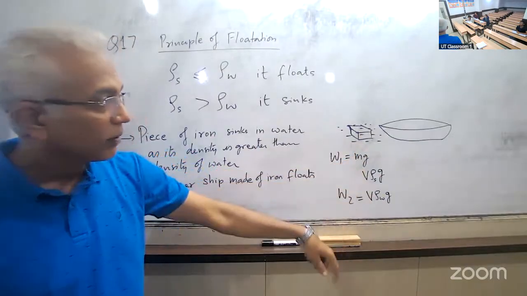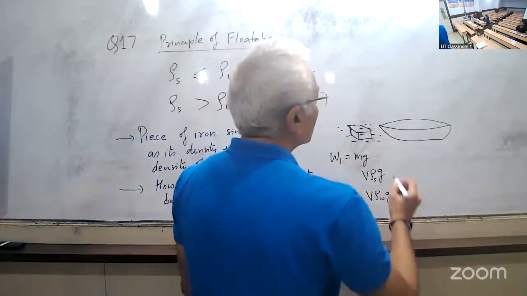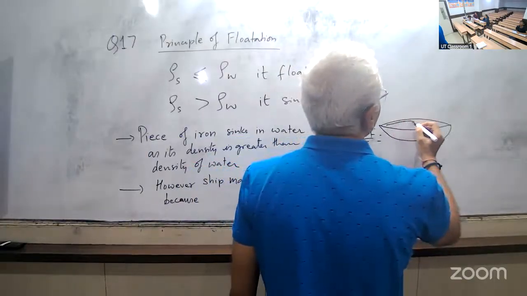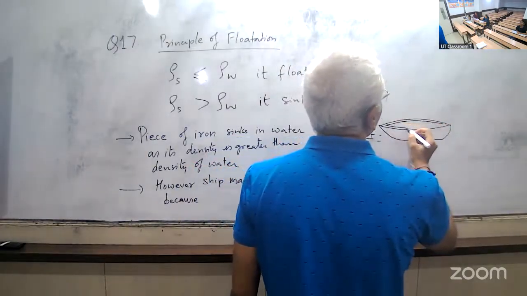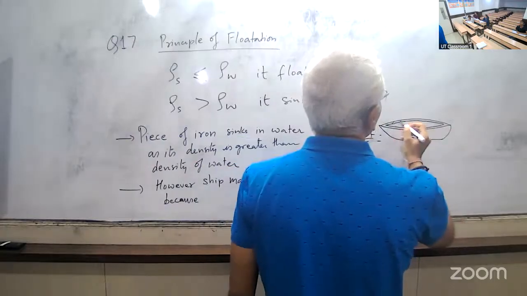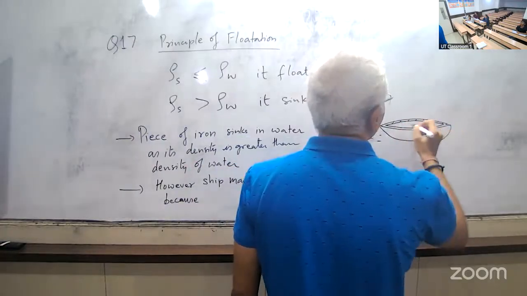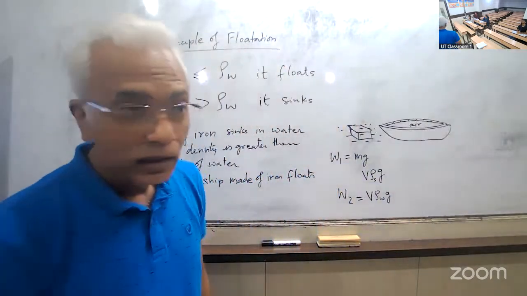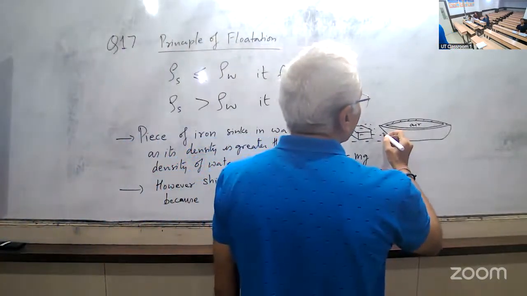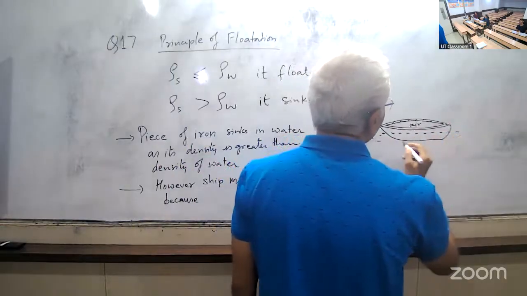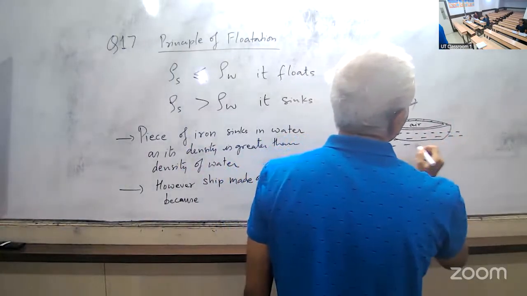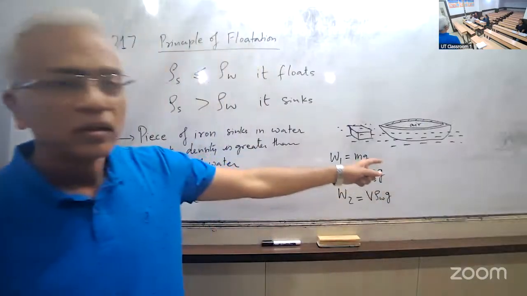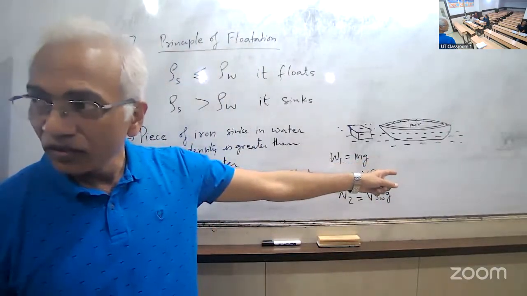But in case of a ship, where is the metal portion? It is only at the boundary. Inside is air. So now let us say this much volume of the ship is inside the water.